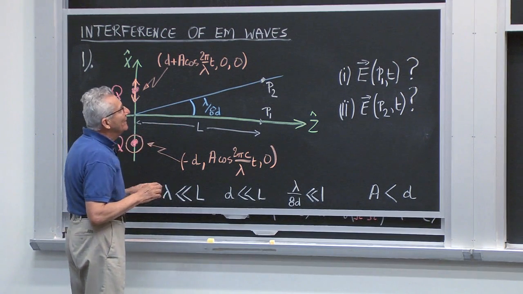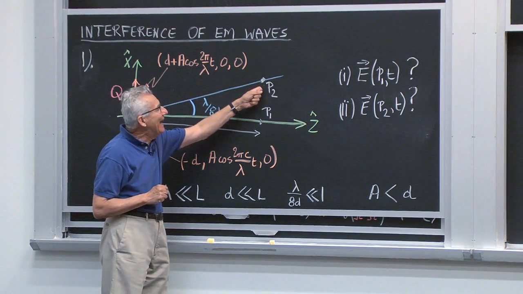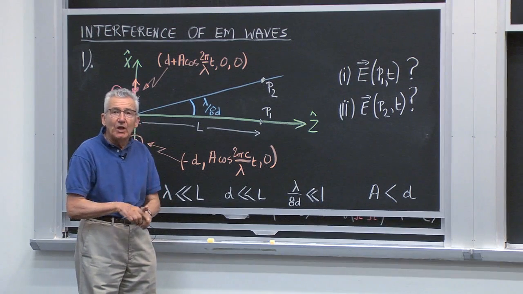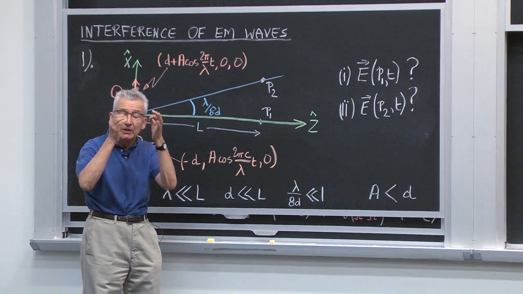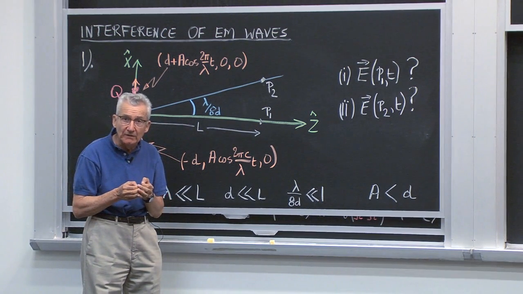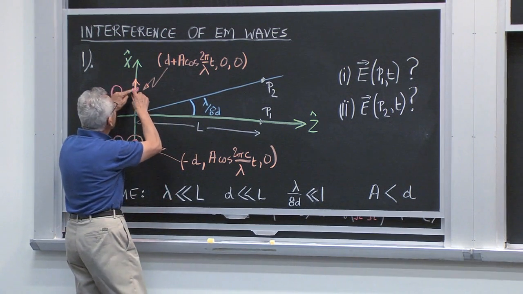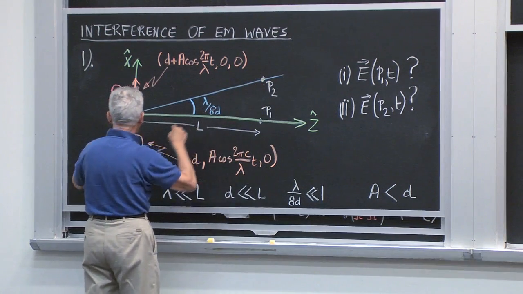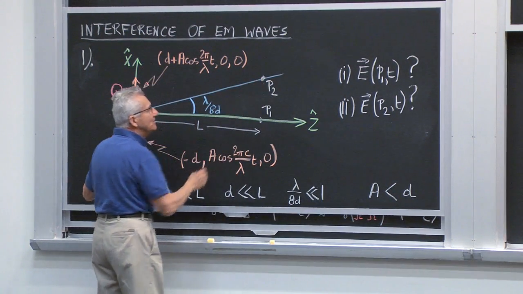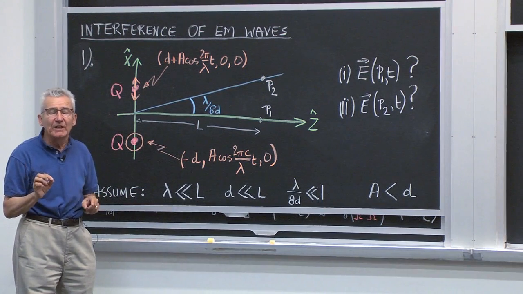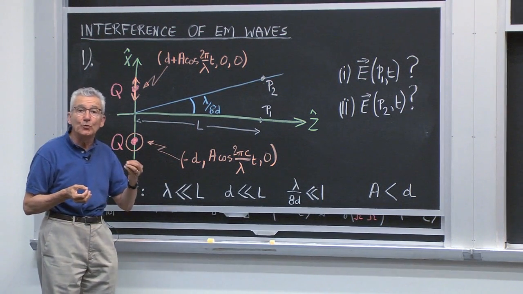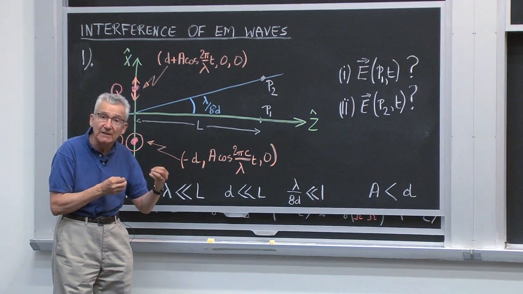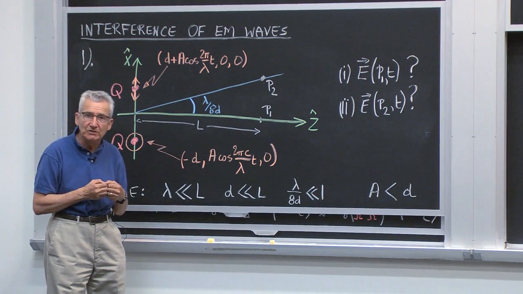But when you add the two, we have to worry about the relative phase of the alternating electric fields. The difference of this distance compared to that distance is no longer insignificant when it comes to the relative phase of the two radiations.